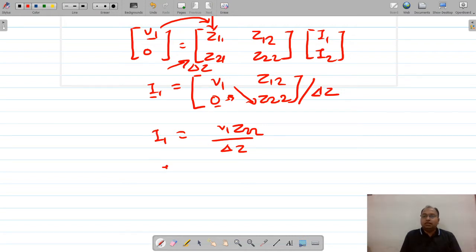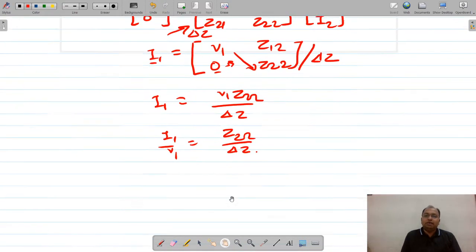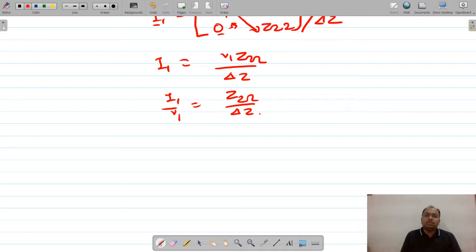Let us take the I1 by V1, taking V1 to the left hand side: z22 divided by delta z. But my h parameter is nothing but V1 divided by I1. So h11 is V1 divided by I1, so take its inverse. Therefore delta z divided by z22 is my first h parameter.